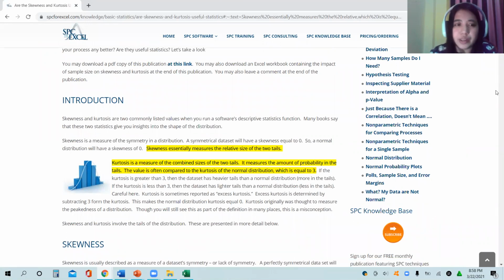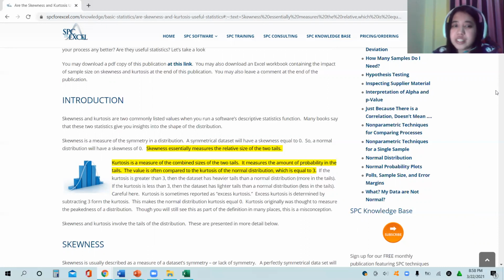Okay, so we have here, kurtosis is a measure of the combined sizes of the two tails. So it measures the amount of probability in the tails. The value is often compared to the kurtosis of the normal distribution, which is equal to 3. If the kurtosis is greater than 3, the data set has heavier tails than the normal distribution, so more in the tails.